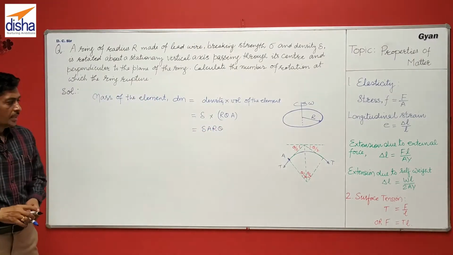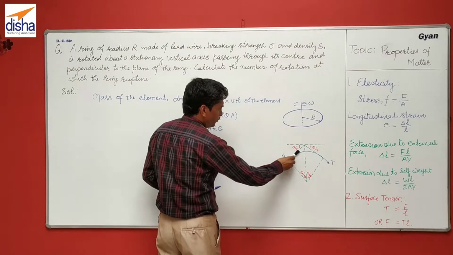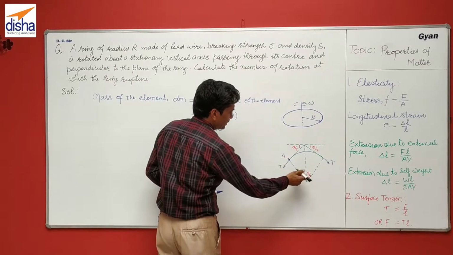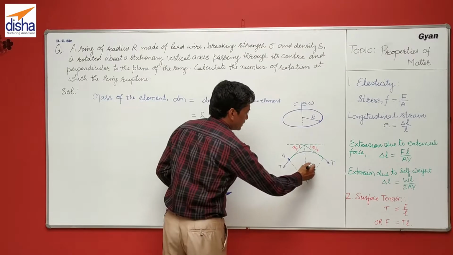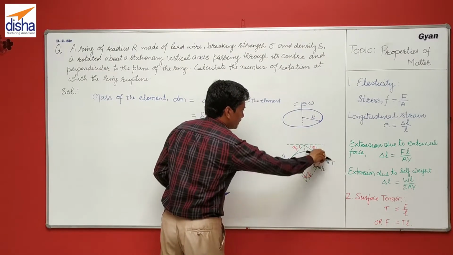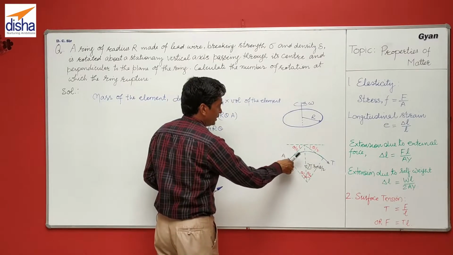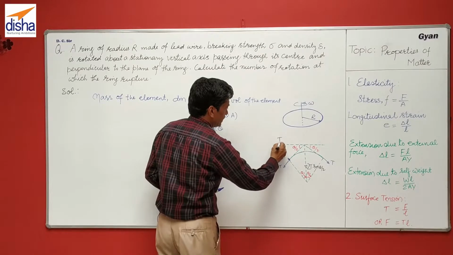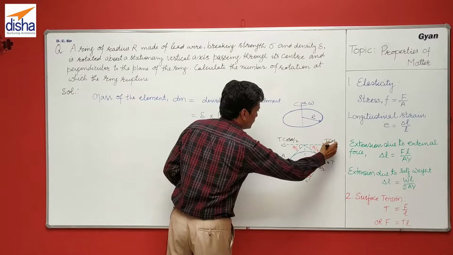Okay, and now the net force of T. Here one component along the center of the ring is T sin theta by 2, and here also T sin theta by 2, so it becomes 2T sin theta by 2. The component in this direction is T cos theta by 2, and here also T cos theta by 2.